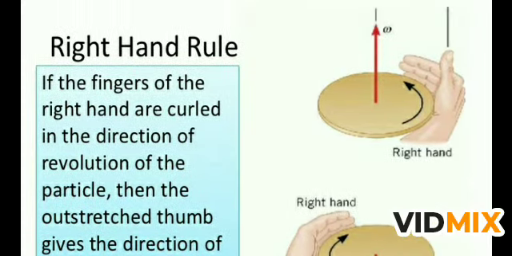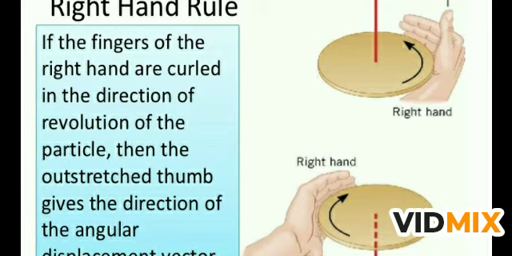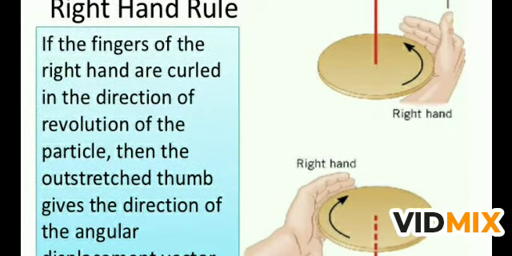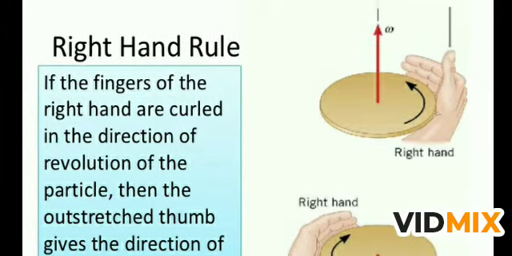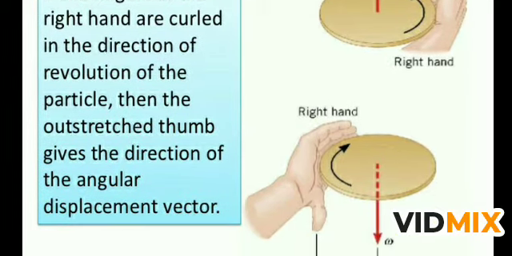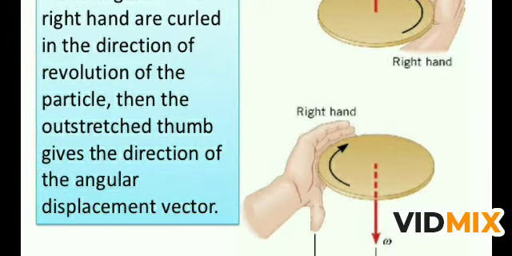So for a body moving in a circle, you can find the direction of the displacement vector with the right hand thumb rule. If you see the second figure also, when the circular motion direction changes, the angular displacement also changes.